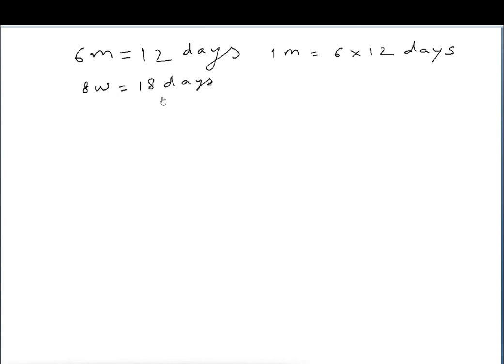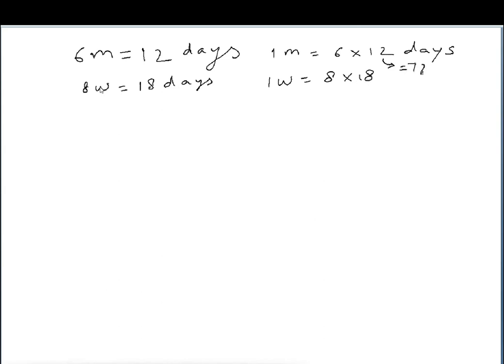Here the 6 men are completing the work in 12 days. So one man will complete the work in 72 days, 6 into 12. And the 8 women are doing the work in 18 days. So one woman will take 8 into 18 days.